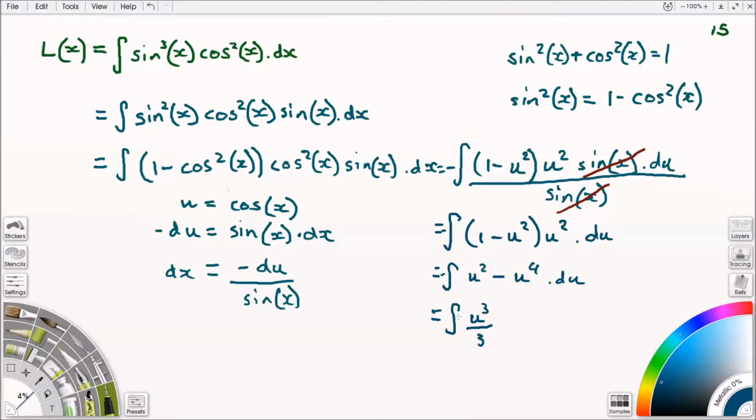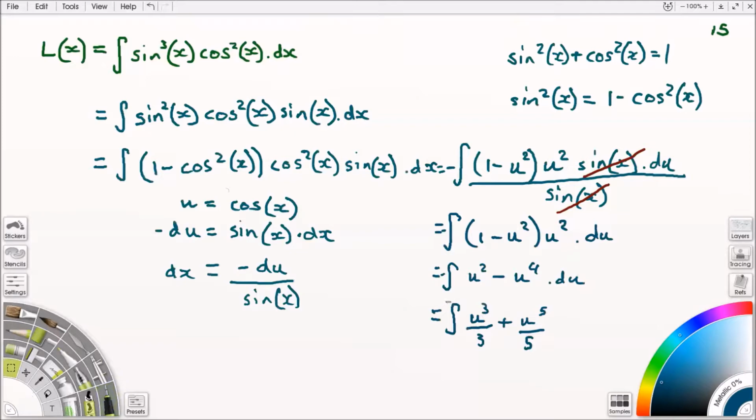Keep forgetting that negative sign. By integrating this here, we'll actually end up with a plus u to the fifth over 5.